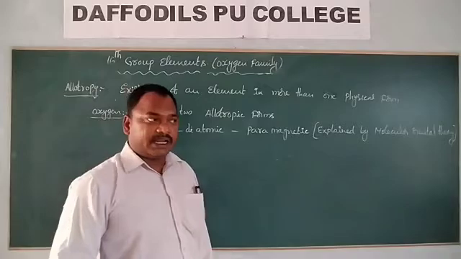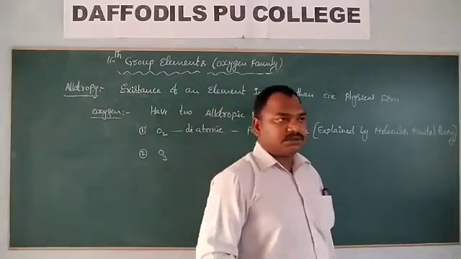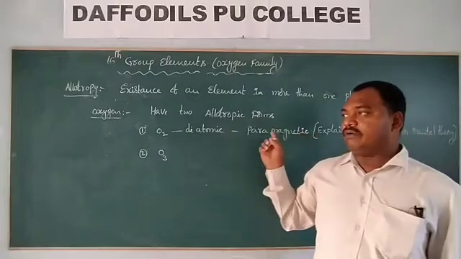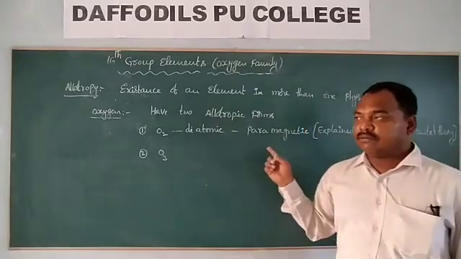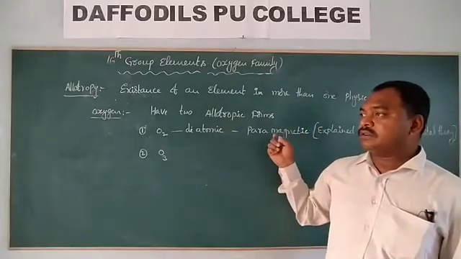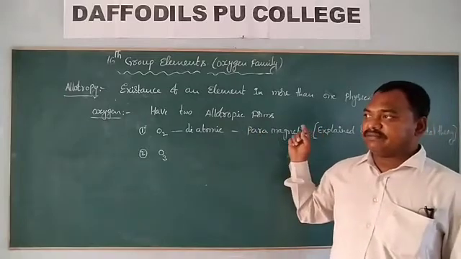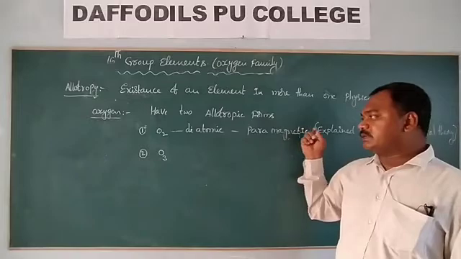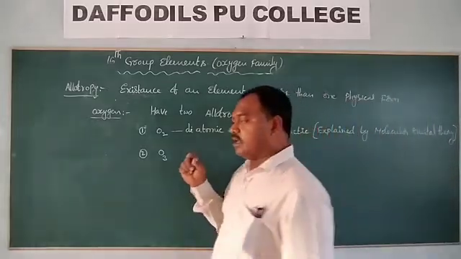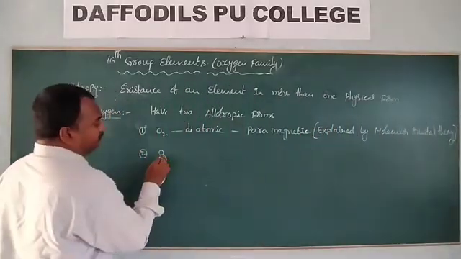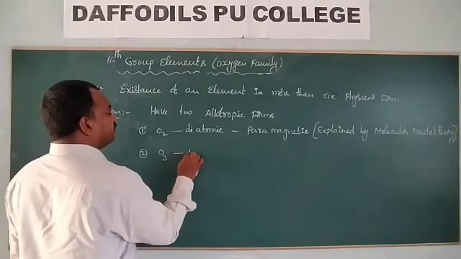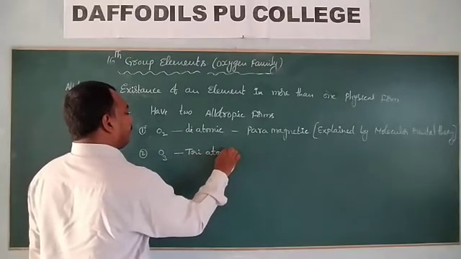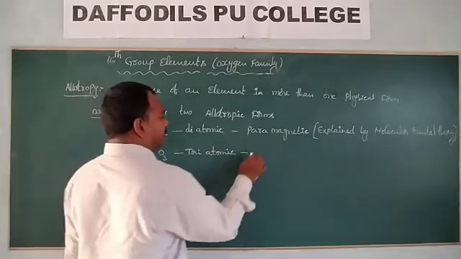But when valence bond theory is applied, you see oxygen has diamagnetic nature. But experimental data shows its paramagnetism. This paramagnetism of oxygen is explained by molecular orbital theory. Next, O3. It is triatomic, diamagnetic.